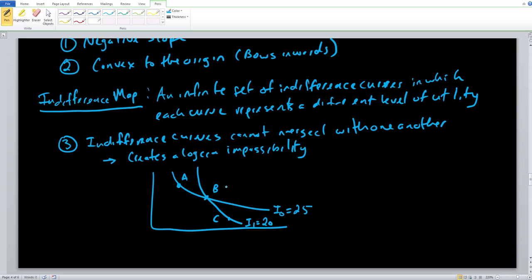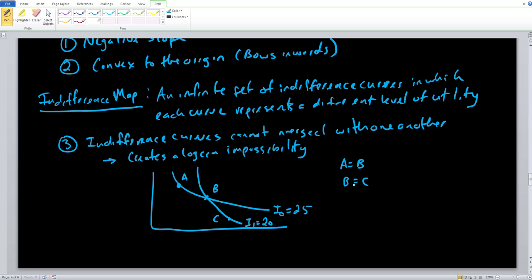And this is going to create a problem for us because these indifference curves are intersecting with one another. So when we compare these points, these bundles of goods, point A is going to give us the same exact utility as point B because they are on the same exact indifference curve. So A gives us a utility level of 25. B is also on I0, so it also gives us 25 units of satisfaction. Along the same lines, B and C are also equal together because they are on the same indifference curve, each of them giving us 20 units of satisfaction or happiness.